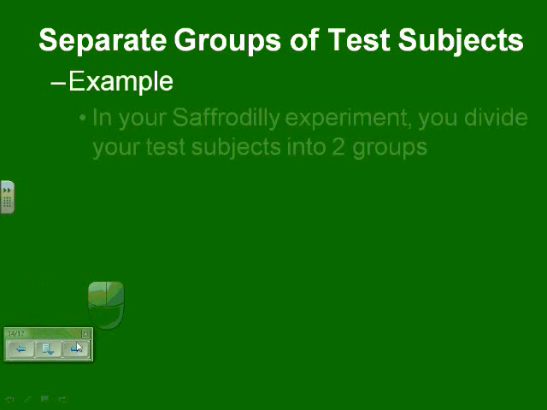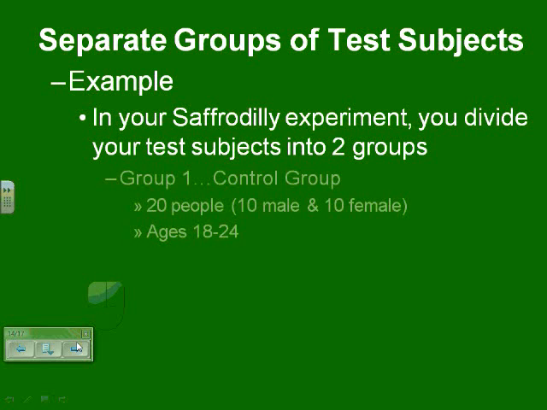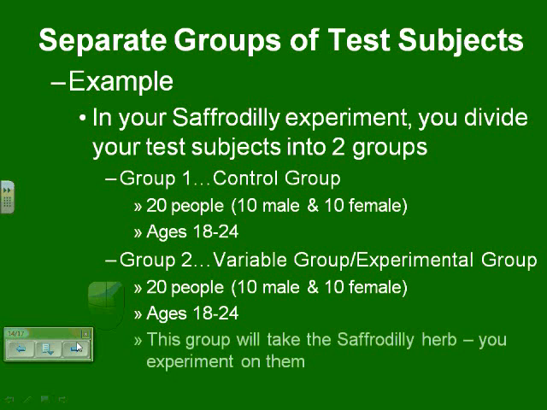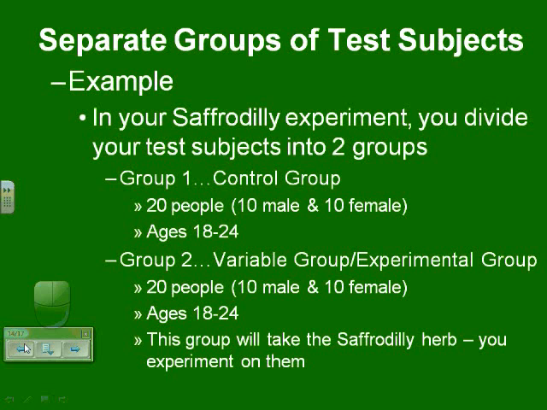So our example in our Saffrodili experiment is that we divide into 2 separate groups. All right, we divide into group 1, our control group, which consists of 20 people, 10 male, 10 female, ages 18 to 24.